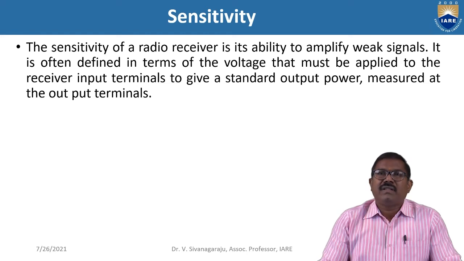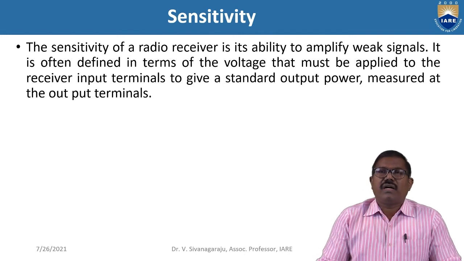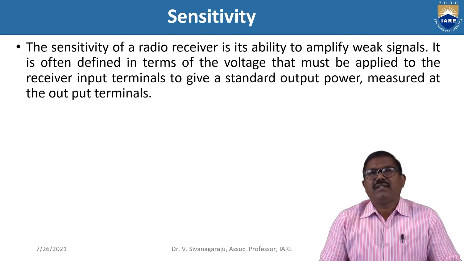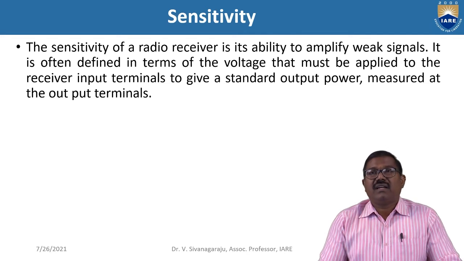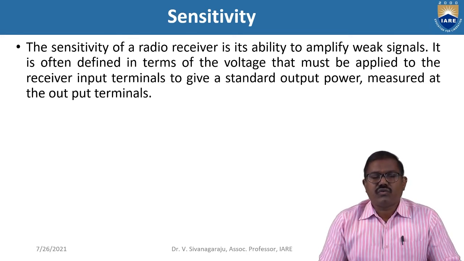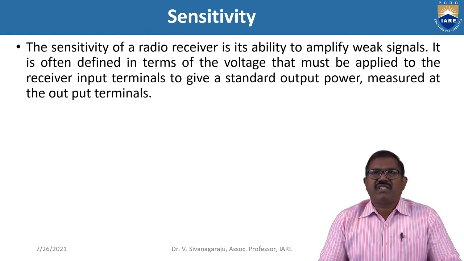Why? The signal is coming from a long distance. So this signal is going to be disturbed by other signals and distorted. Fading comes in, and the signal amplitude reduces. So finally it reaches the receiver.